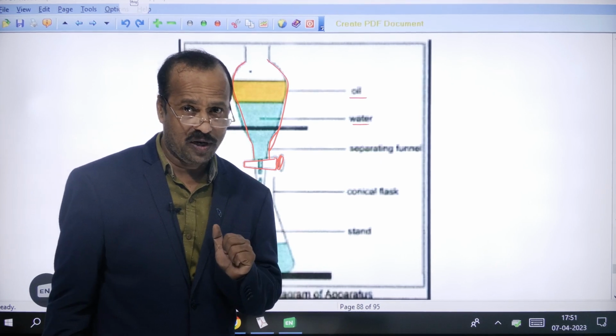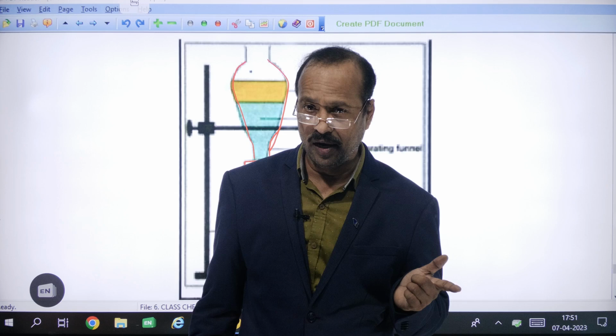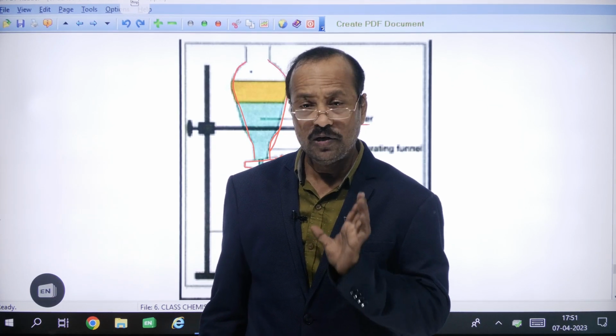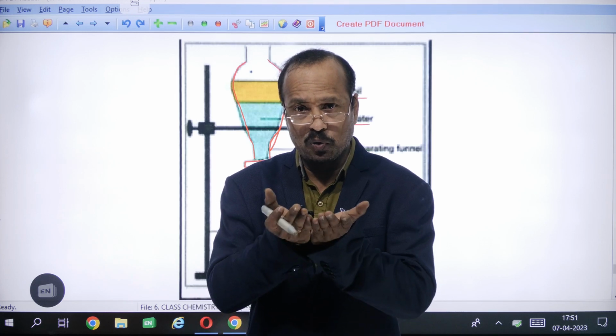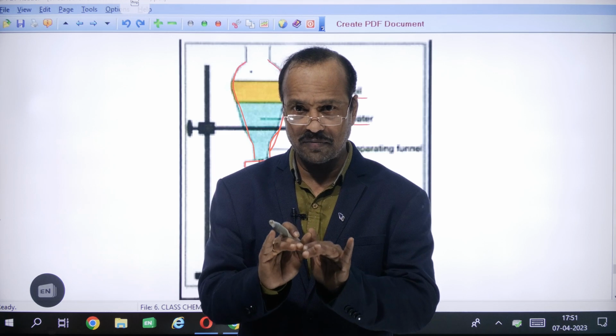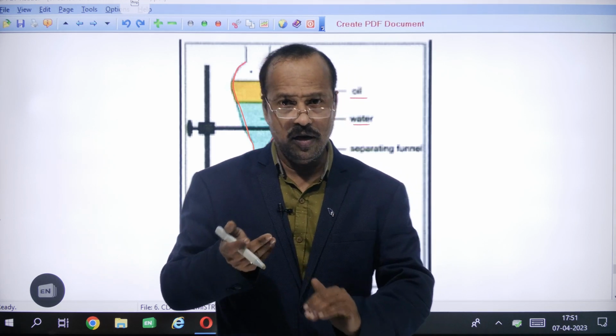During this time, what happens? The density of water is more compared to oil. So this denser water comes down, and the oil moves upwards.